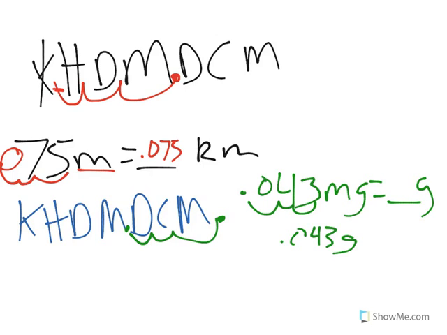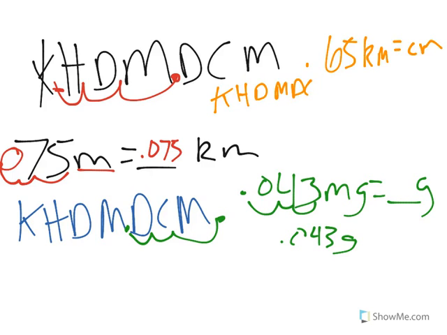Okay? What if you're moving the other way, though? Alright, so what if we want to do 0.65 kilometers, and I want to get that into centimeters for some reason. Alright? So I'll start at the K. King Henry doesn't mind drinking chocolate milk.